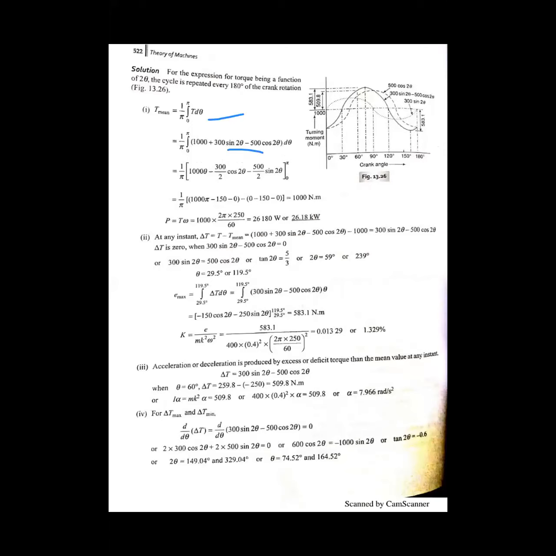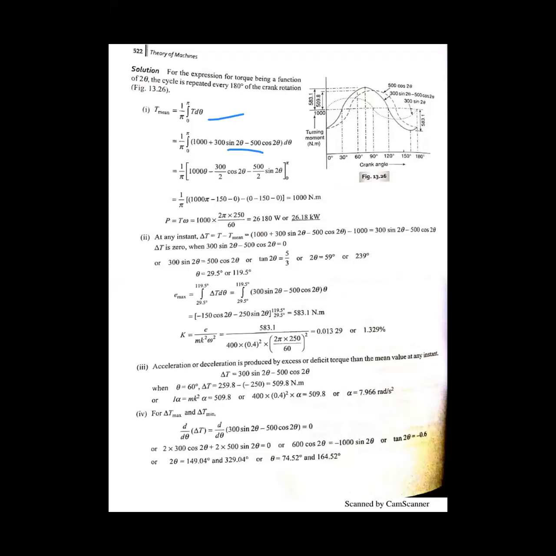On integration, the values are 1000 theta minus 300 by 2 into cos 2 theta, minus 500 by 2 into sin 2 theta, with limits 0 to pi.